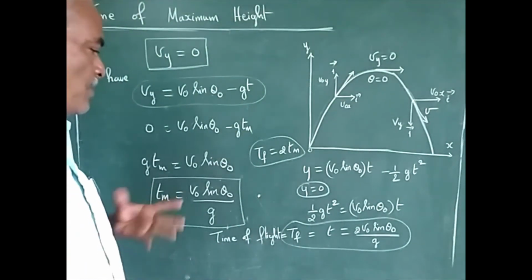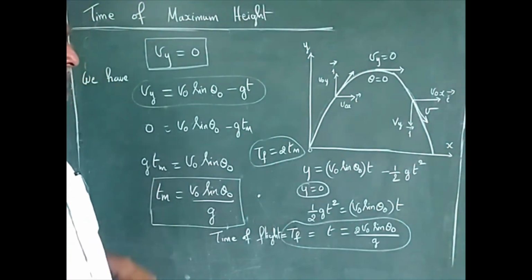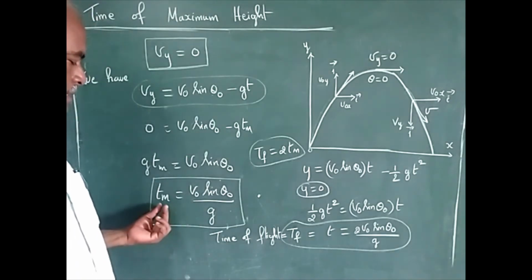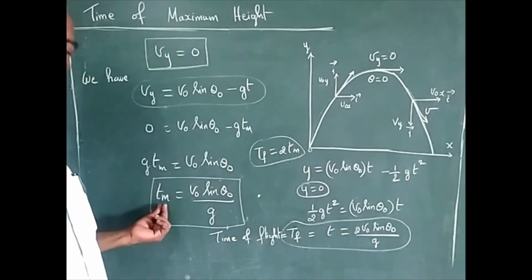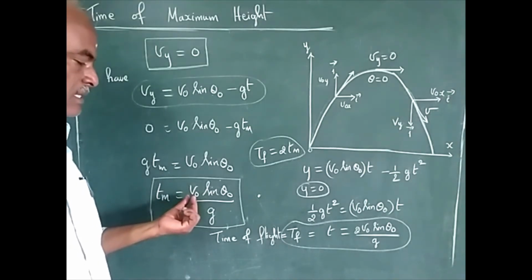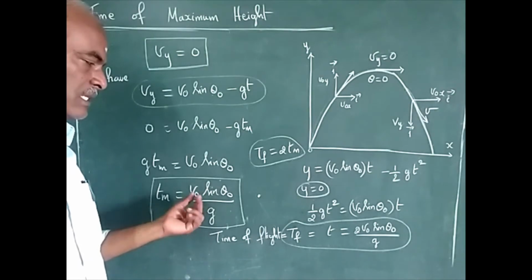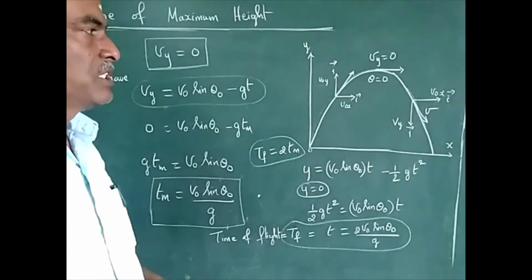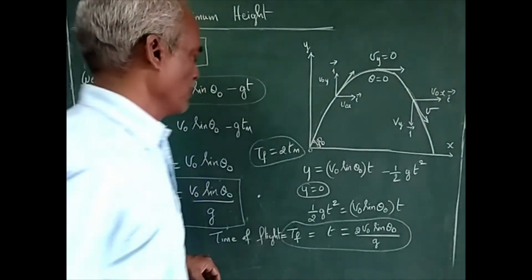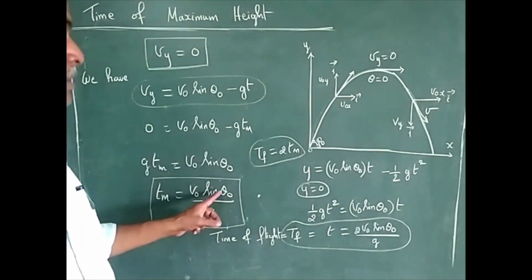Okay, right. Now from this we can understand that the time required depends on the initial velocity. It depends on velocity and the angle at which it is projected, that is this theta naught. Okay, so it depends on both.